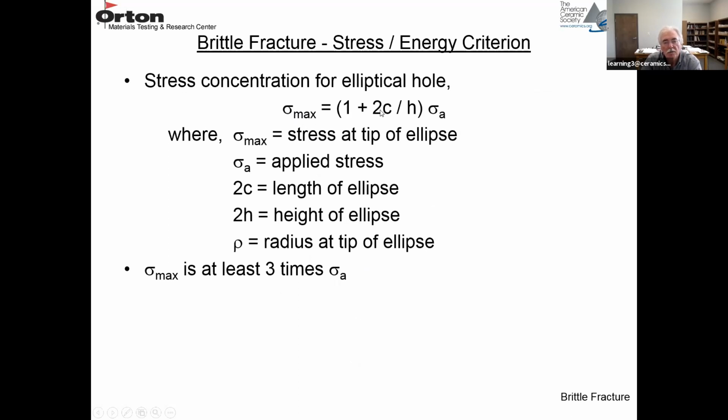Sigma max equals 1 plus 2 times C divided by H times the applied stress. 2C is the length of the ellipse, 2H is the height of the ellipse. They're the dimensions of the ellipse. Rho is the radius at the tip of the ellipse. It doesn't enter into this equation at this point. So sigma max is usually at least 3 times sigma applied for this ideal flaw in the material.